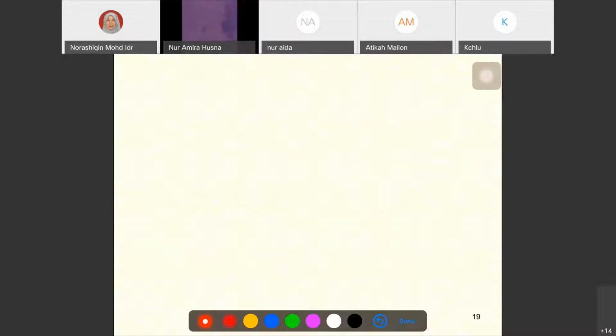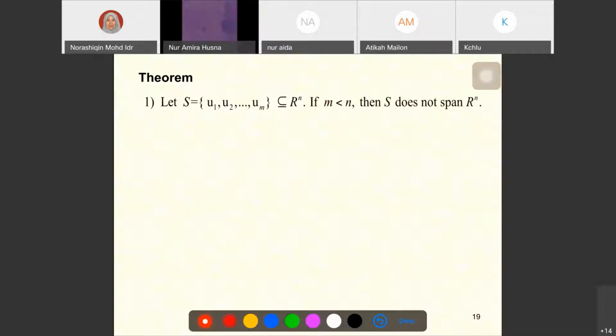What does the theorem say? Let S be a set of m vectors, which is a subset of Rn. If m is less than n, then we conclude that S does not span Rn.